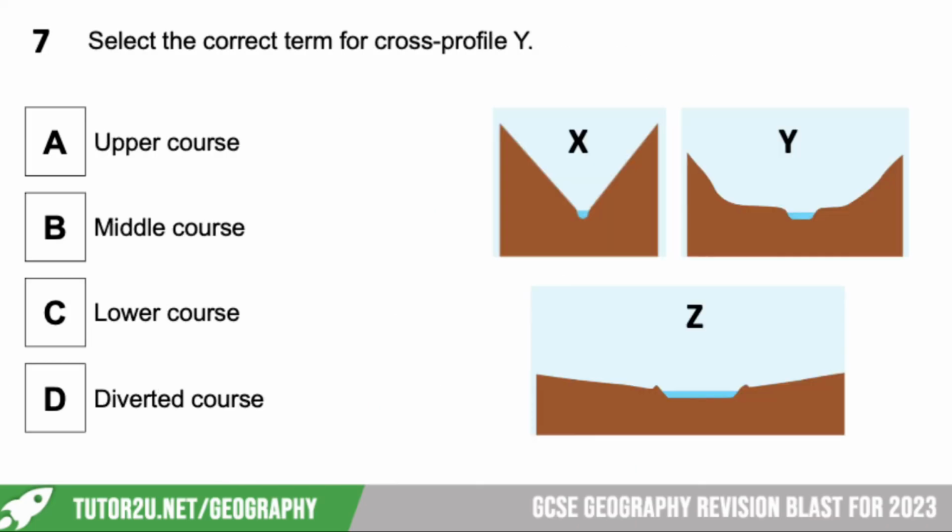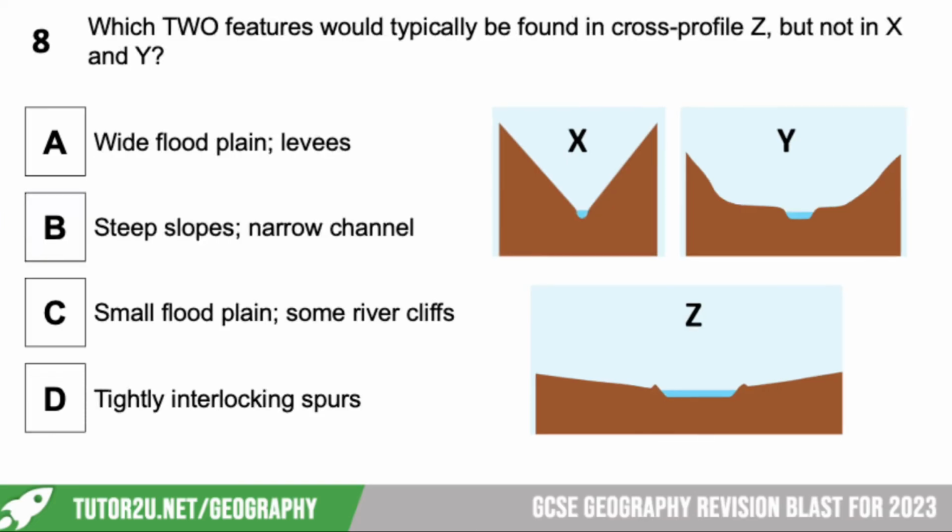7. Select the correct term for cross profile Y. Is Y the upper course, the middle course, the lower course, or the diverted course? Okay, hopefully you've got this one correct. Let's have a look. It is the middle course. 8.